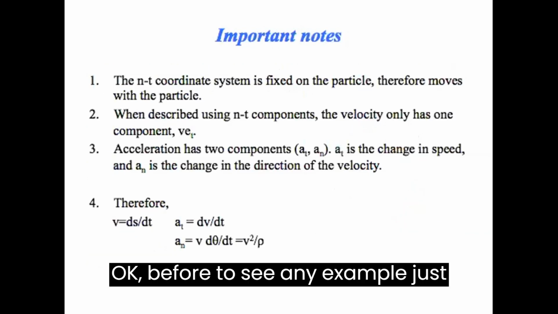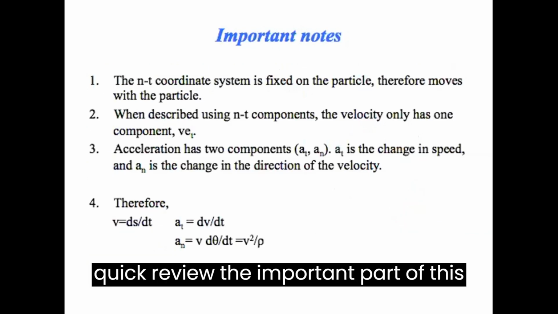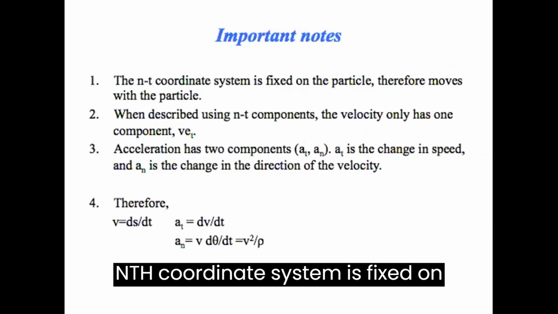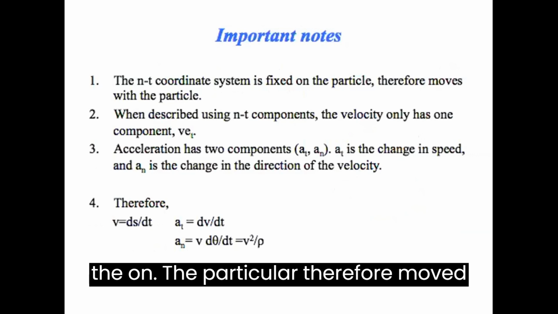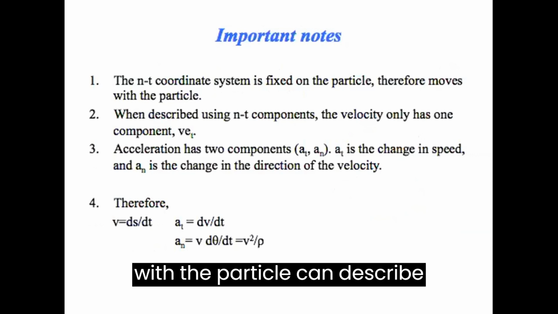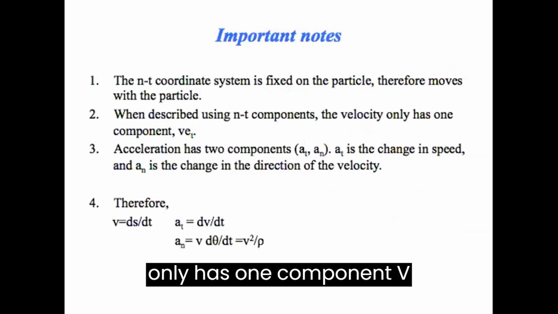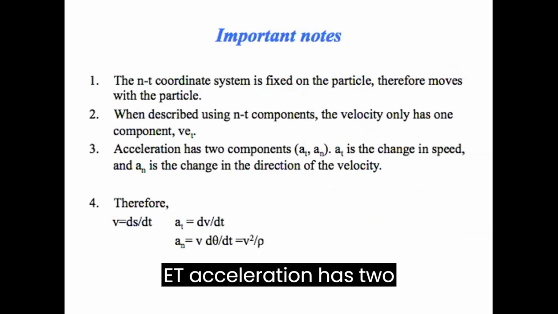Okay, before we see any example, a quick review of the important parts of this section. The ET-EN coordinate system is fixed on the particle, and therefore moves with the particle. When described using ET-EN components, the velocity only has one component, V ET.